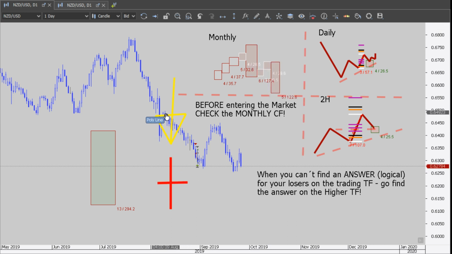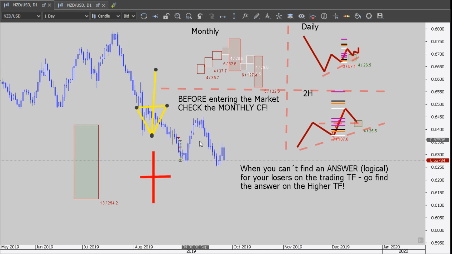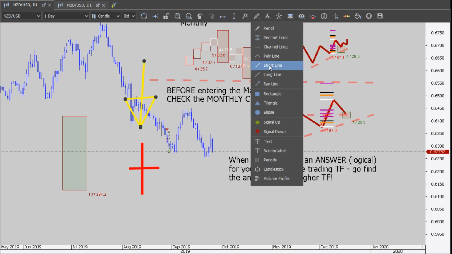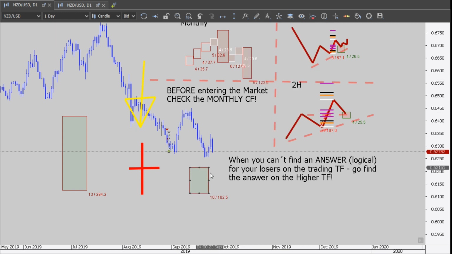You have a bullish candle on the monthly, you have an indecision candle on the daily, and you have a bullish candle on the 1 hour or 2 hour chart. Should you enter or should you not enter the trade on the 2 hour chart, 1 hour chart, 15-minute chart, whatever? What would be the most logical answer?